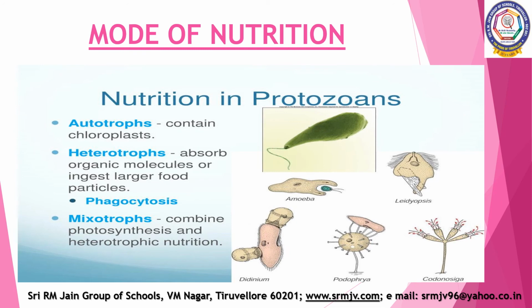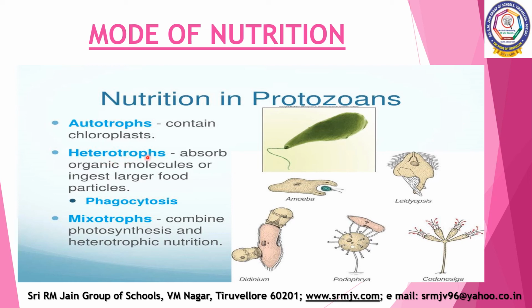Mode of nutrition. Nutrition in protozoans are of three: autotrophs, heterotrophs and mixotrophs. What are autotrophs? Some protozoans contain the green pigment called chlorophyll, more commonly associated with higher plants, and are able to manufacture their own foodstuffs in a similar manner.